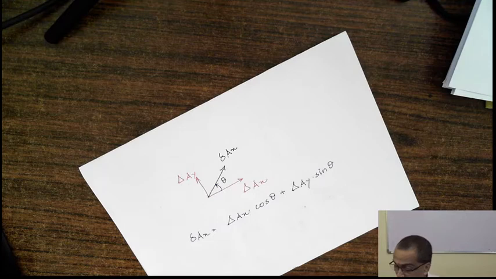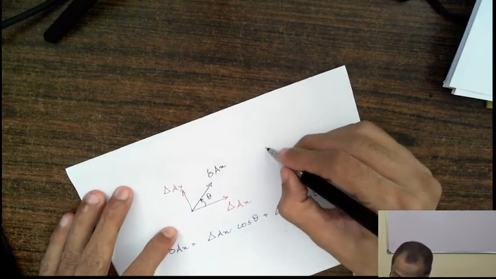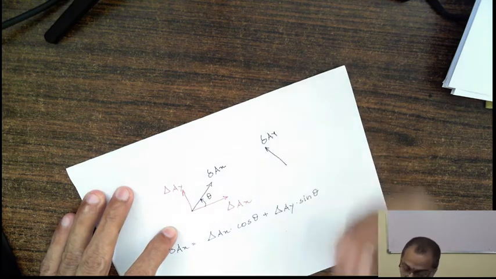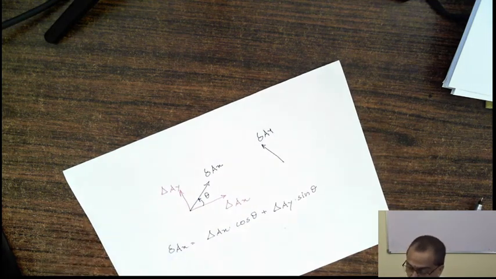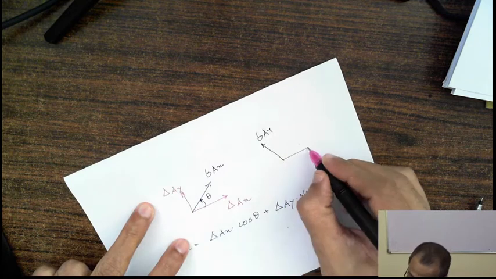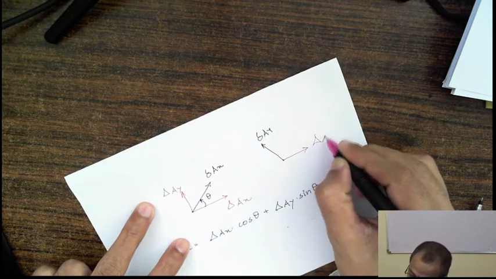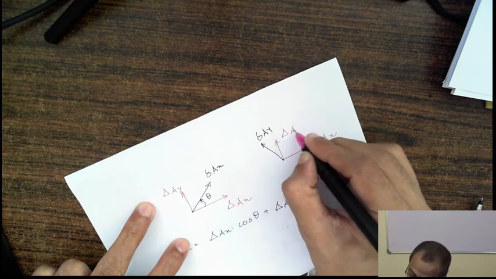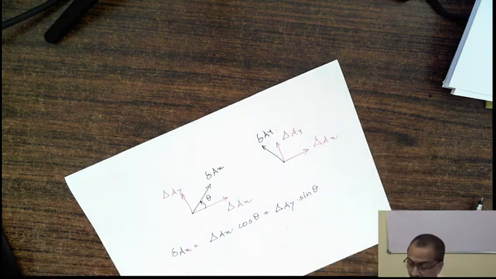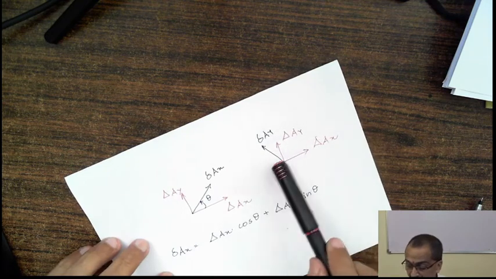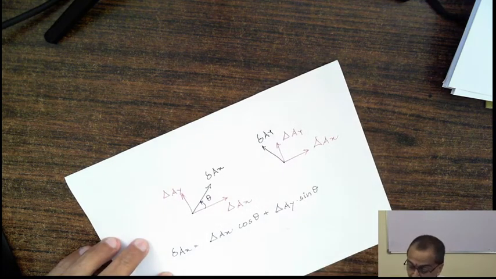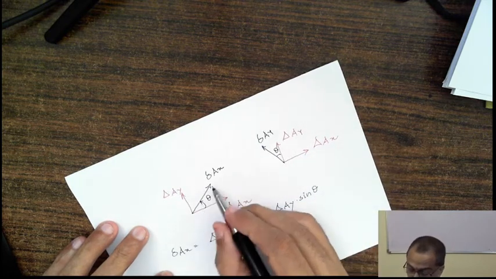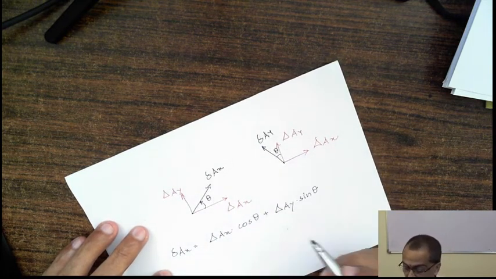Now I am showing another thing. If this is del AY, and again my global directions are the same, delta AX and delta AY, and this is local displacement in y direction. I can say this angle is also theta. If the angle made with respect to x axis is theta, then this angle is also theta.